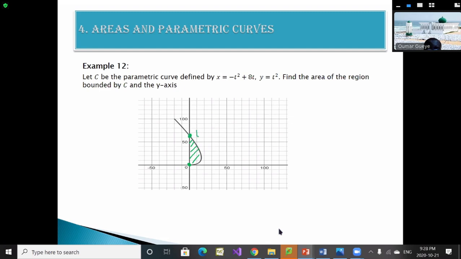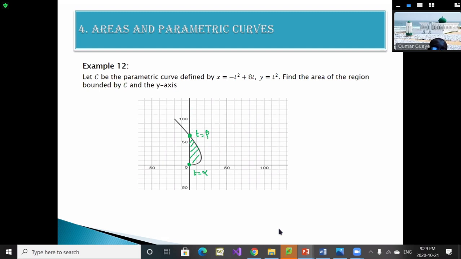We need to get here t equal to beta. So we need to find beta here. And here t equal to alpha. So basically it means we have to find the values of alpha and beta corresponding to the y-intercepts. And as you can see, any point belonging to the y-axis has its x-coordinate equal to 0.